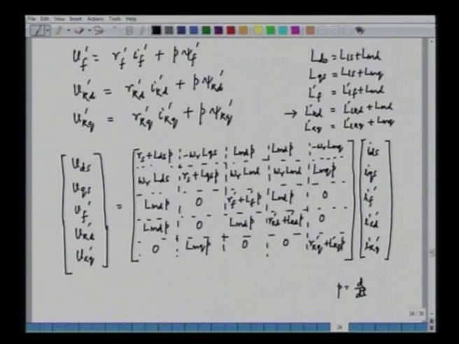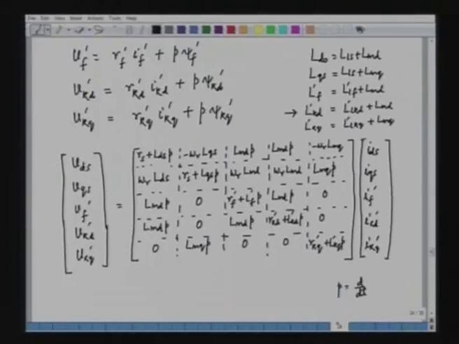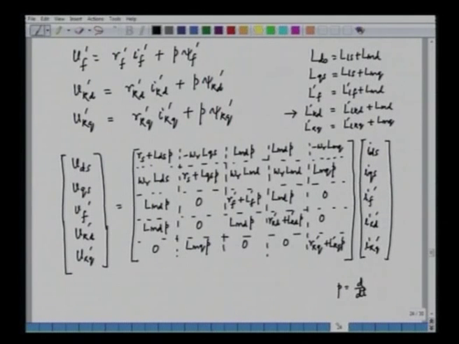So, this is a 5 by 5 matrix, and these 5 equations will describe the electrical behavior of a synchronous machine. So, if we can simulate these 5 simultaneous differential equations, we can solve for IDS, IQS, IF, IKD and IKQ. So, we can solve the expression for the currents of the synchronous machine, and with this we can find out the expression for the torque also, because in this case, we have to identify a G matrix.